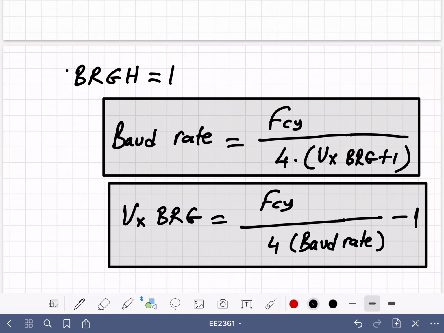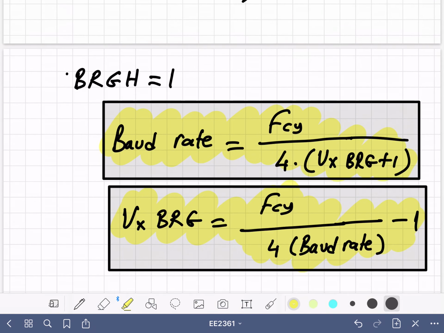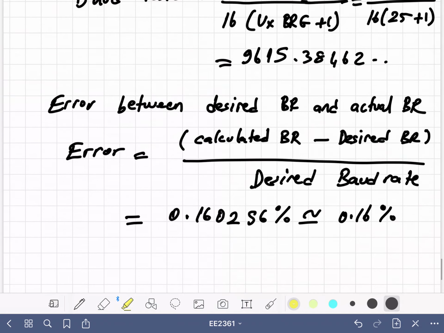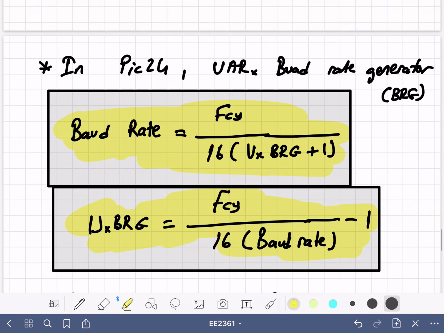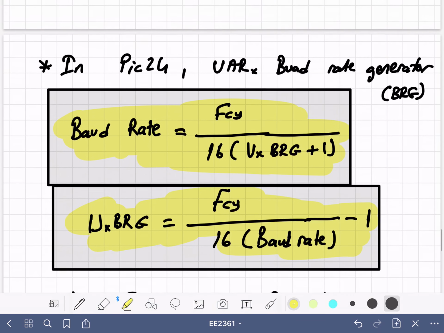Okay, so that's good. Basically, these formulas are true when BRGH is 1, and when BRGH is 0, these other formulas need to be applied.